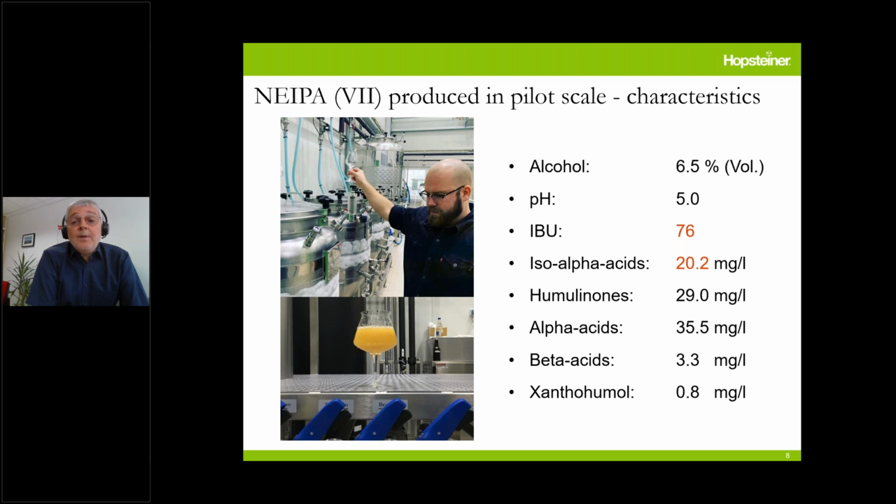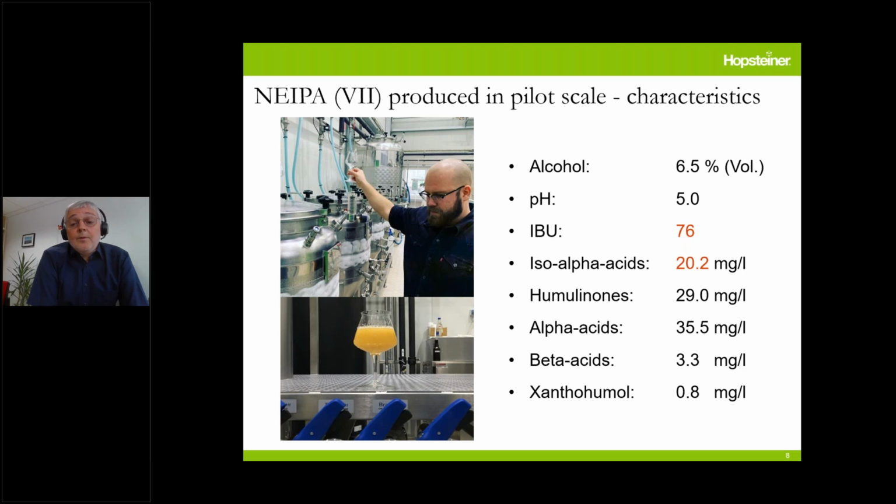information here. As you can see, red marked, the difference between international bitter units and isoalpha acids is very large, very unusual, and the reason is that almost no hops are added during boiling, and therefore the actual isoalpha acid concentration is rather low.